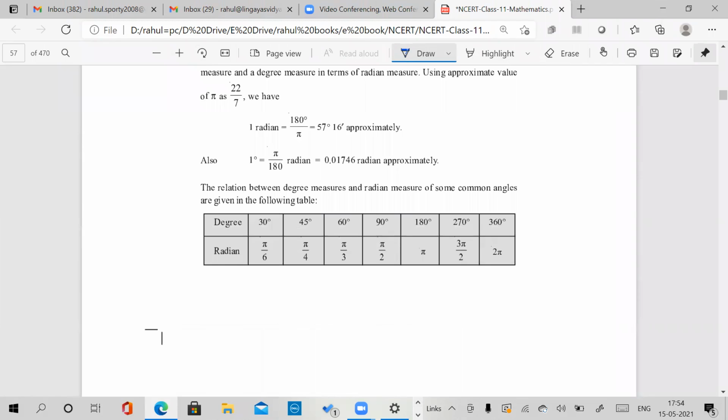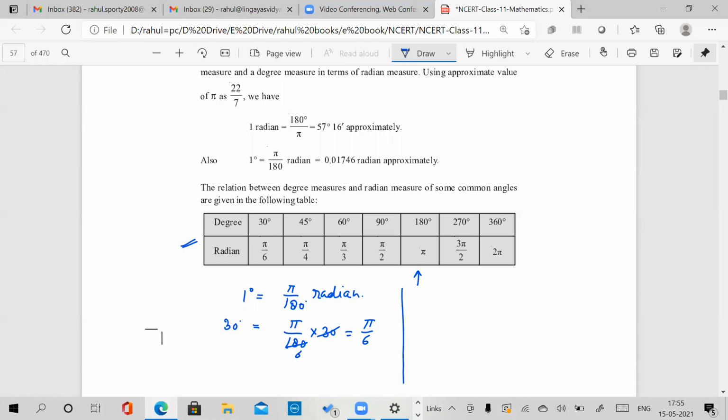Okay, now if you learn the conversion of the angles, you can see this table: 30 degree, 45 degree, 60 degree, 90 degree, 180 degree, 270 degree, and 360 degree. You can see 180 degrees is your pi, and what is 30 degrees? We know that 1 degree equals pi divided by 180 radian. So 30 degree will be pi divided by 180 into 30, that is pi by 6.